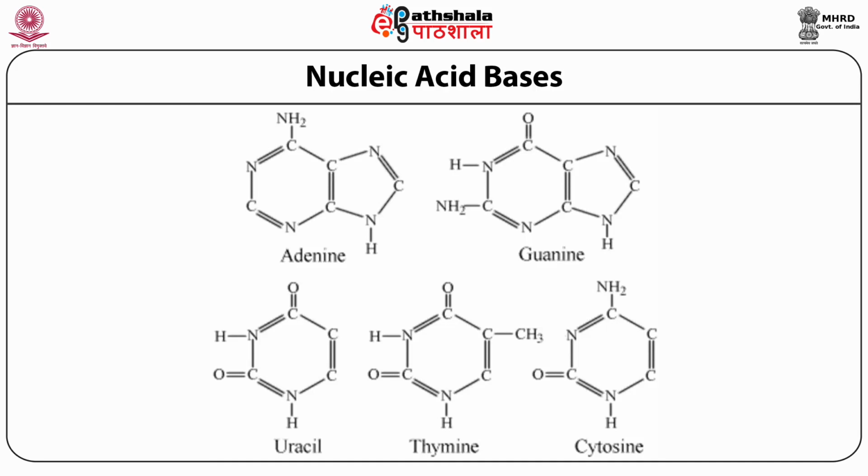Like uracil has 2 carbonyl groups, so also thymine has 2 carbonyl groups, but thymine differs from uracil in that it has an extra methyl group attached to it, and cytosine has 1 NH2 group and 1 carbonyl group.